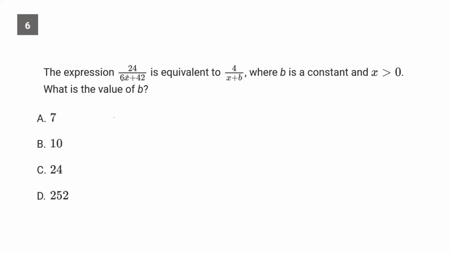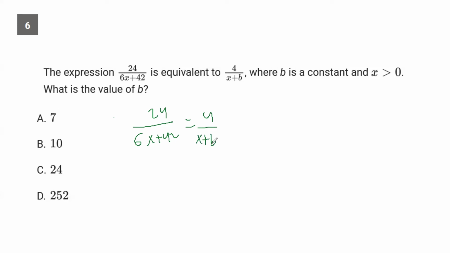If you can notice a pattern, how 24 is 6 times 4 and 6x is 6 times x, that would mean 42 is 6 times b, and that gives us 7. But if we don't notice the pattern, that's okay because we can work it out. 24 over 6x plus 42 equals 4 over x plus b.